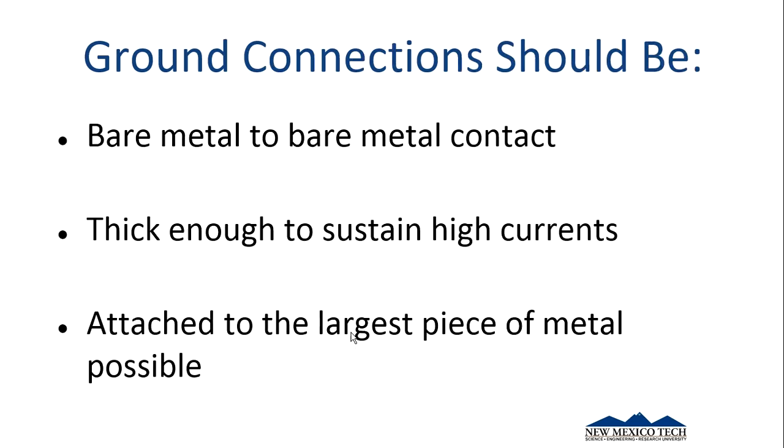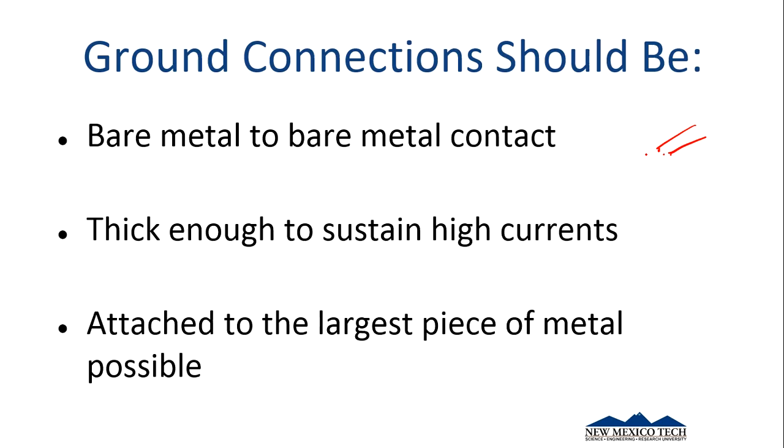And so overall, in terms of what you need to be concerned about for ground connections, you want a bare metal to bare metal contact. What I mean by that is you want something where you've got some sort of copper braid or copper rod or whatever coming in, and for a chassis ground, for example, it's bolted to the metal and there's nothing in between.